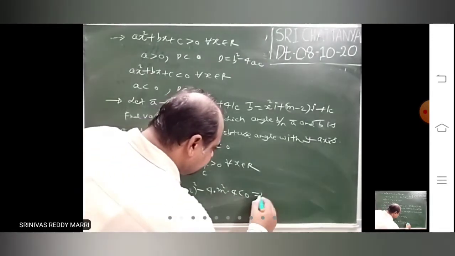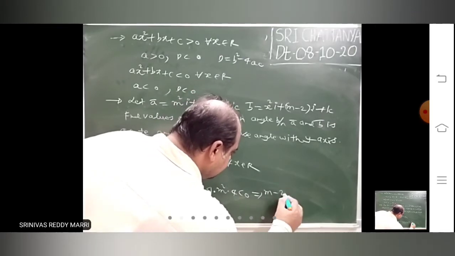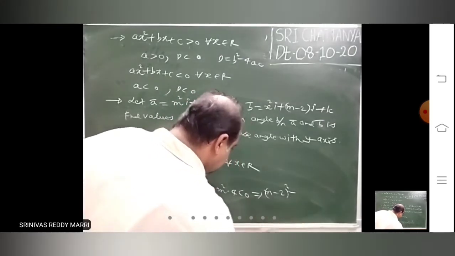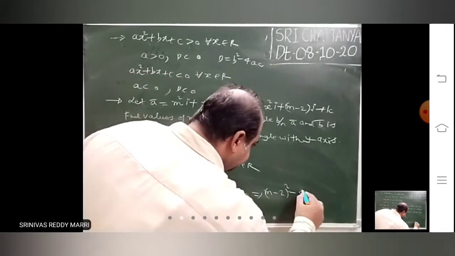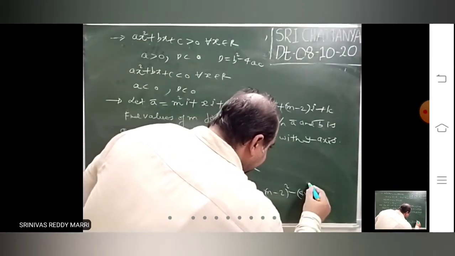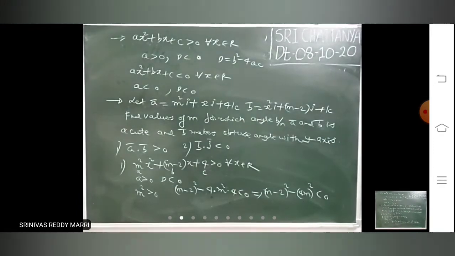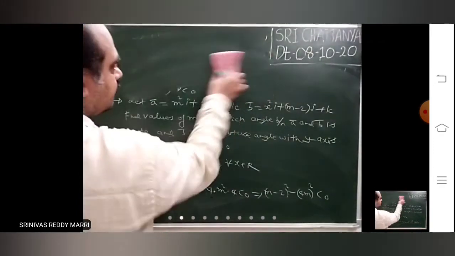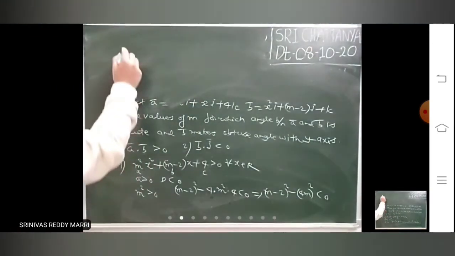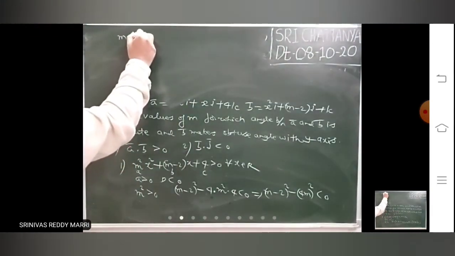I want to form a quadratic inequality and solve it. Minus 16m square is there, I am writing 4m whole square. I want to factorize this. This is just like a square minus b square, so that means (a plus b) into (a minus b).